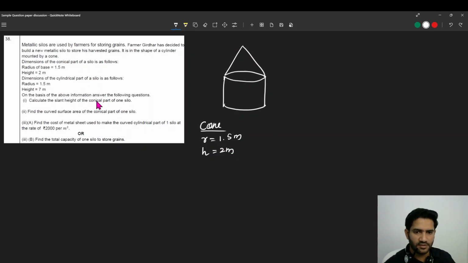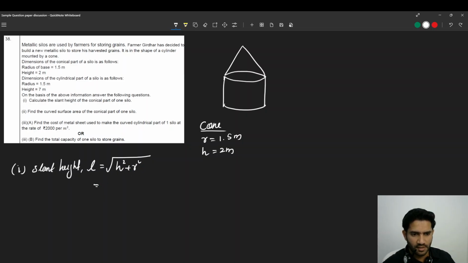So first question, calculate the slant height. We can easily calculate the slant height. Slant height, we are denoting with L. It is root of h square plus r square.